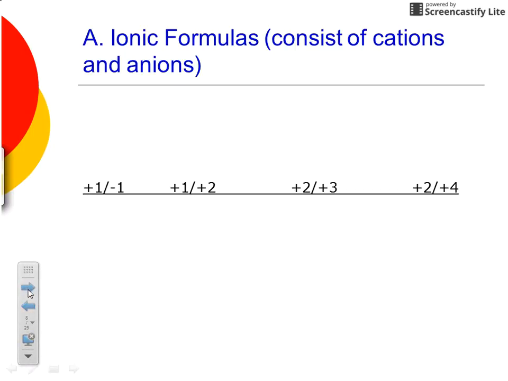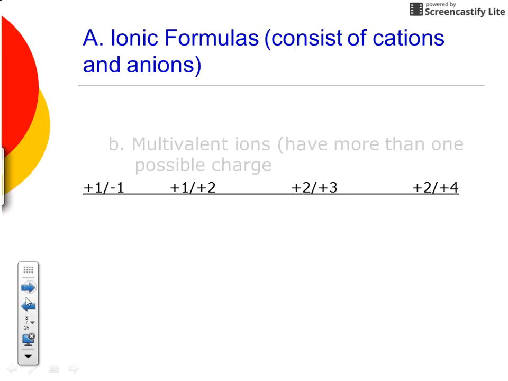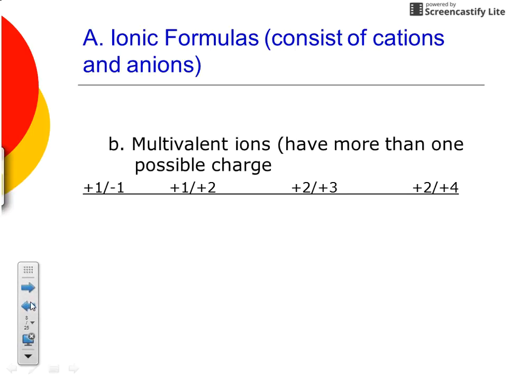Now, all of the transition metals except for zinc and silver are multivalent, but on this slide, we're going to look at some specific ones that I want us in our class at this point to focus on first. So remember, multivalent ions have more than one possible charge. There are some that are +1 and -1.